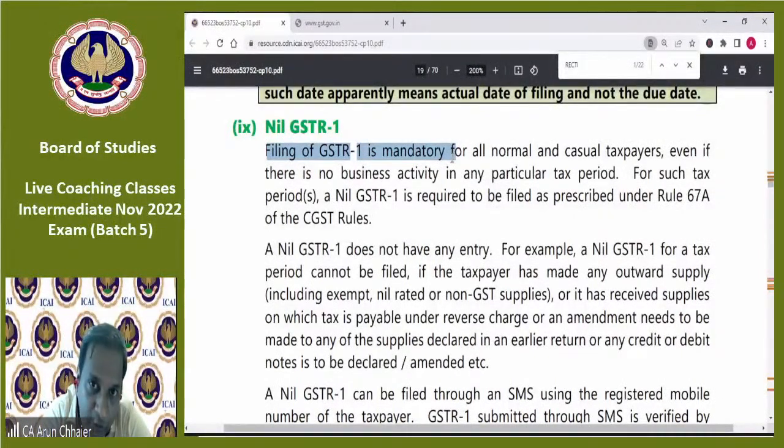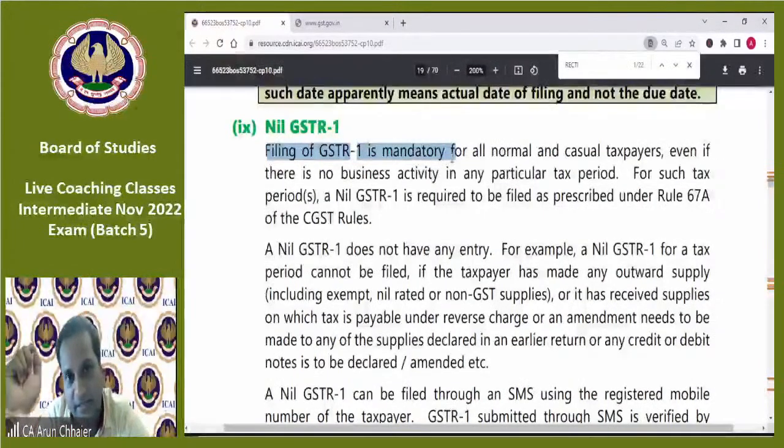If you do not file by the due date, you need to pay the late fee per day, 200 rupees or something, as we have discussed. So for nil GSTR1, whether GSTR1 has data or not, you need to furnish it.